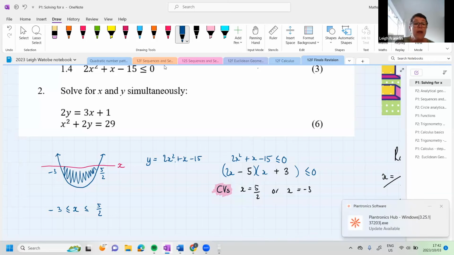So when x is a number between -3 and 5/2, the output values on the parabola are negative. The graph has gone below the x-axis. Is that making sense to everyone?